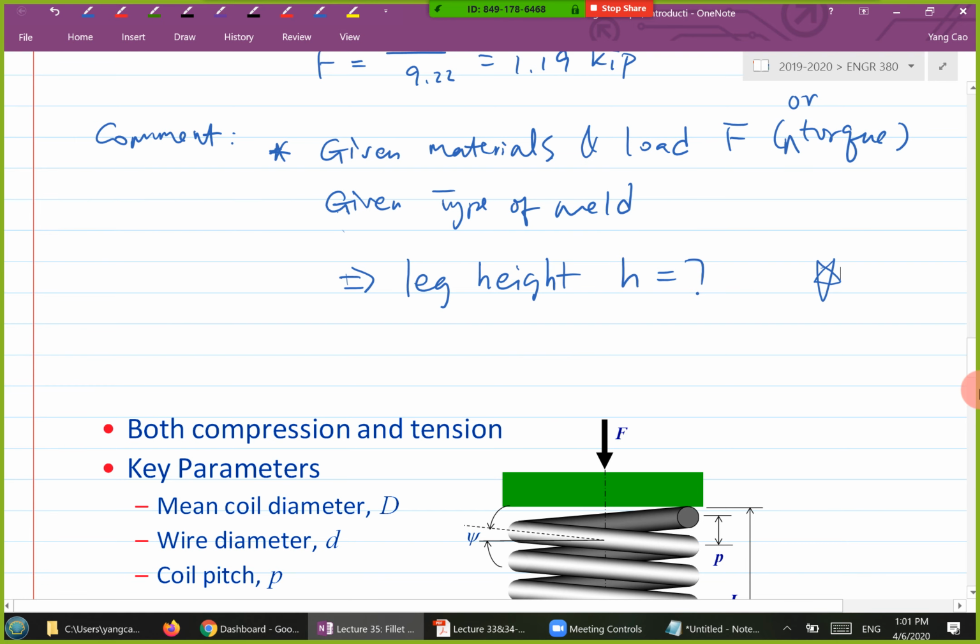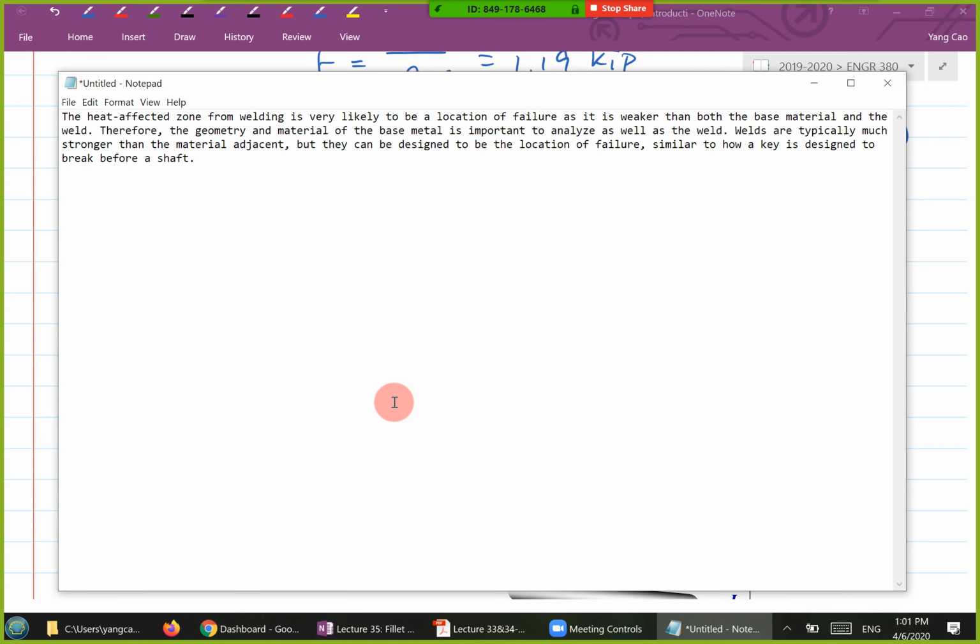All right. Now let's look at the last mechanical component, which is mechanical springs. Okay. Oh, actually, before we move on, I need to point out one thing. I had a student email me, Daniel, and he has extensive experience in welding.